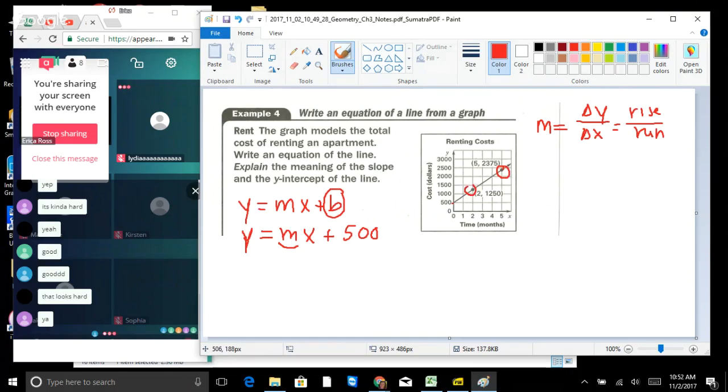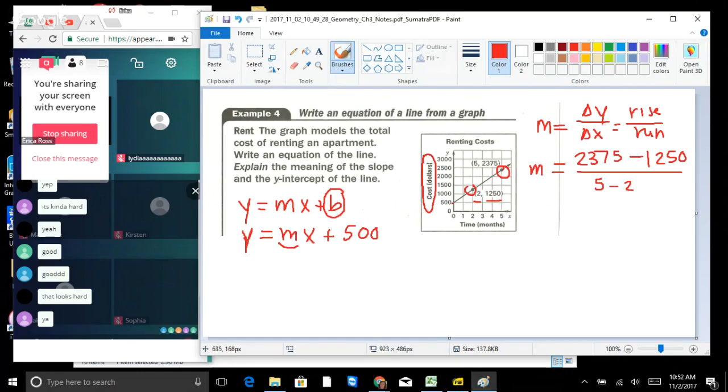Our change in y is the change in the cost, so it goes from $2,375 down to $1,250. That's our change in y over our change in x. The change in x is 5 minus 2.